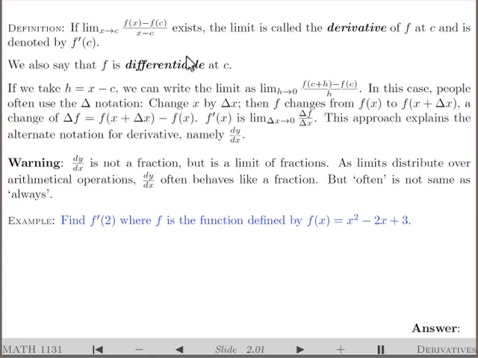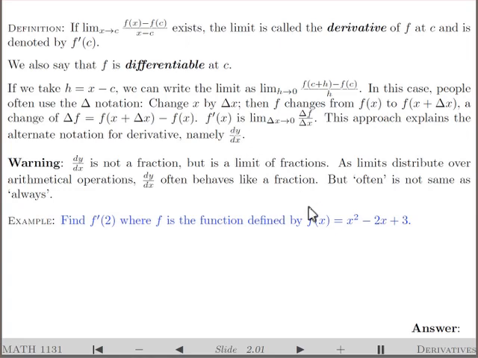By its very nature, these are always of the 0 over 0 form. So if you have a polynomial function, we'll be trying to find the limit of a rational function. So you should simplify it as much as possible and then see if it has a value in the end. Usually it does, and that will be the derivative.